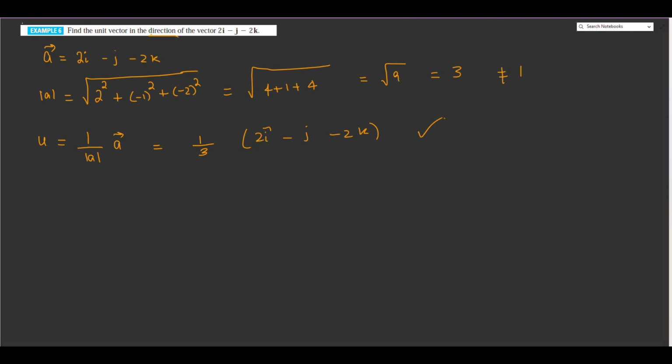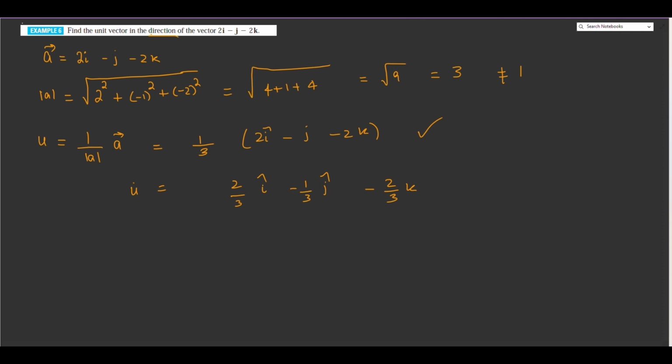You can leave your answer at this point. This is valid, or in the next step you can multiply this 1 by 3 inside the bracket, then you will get 2 by 3 i minus 1 by 3 j minus 2 by 3 k.